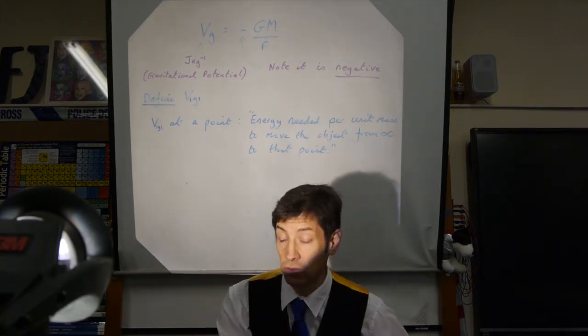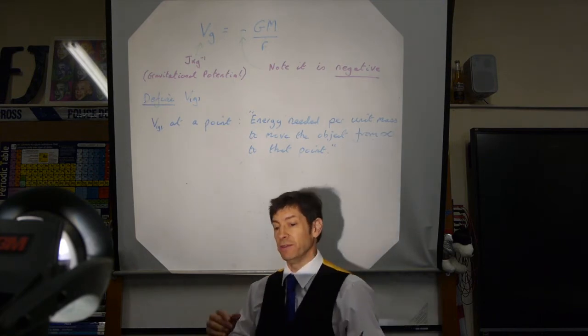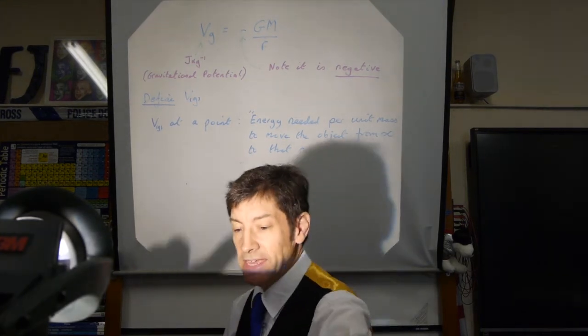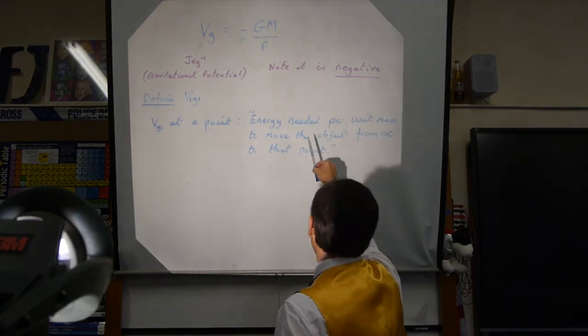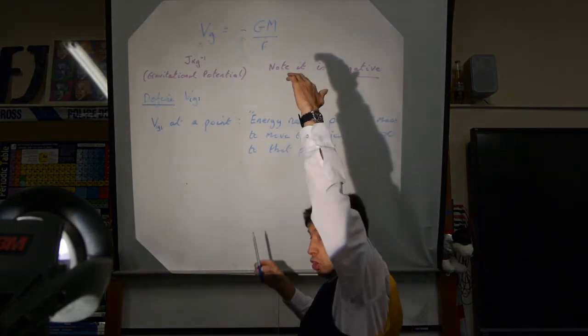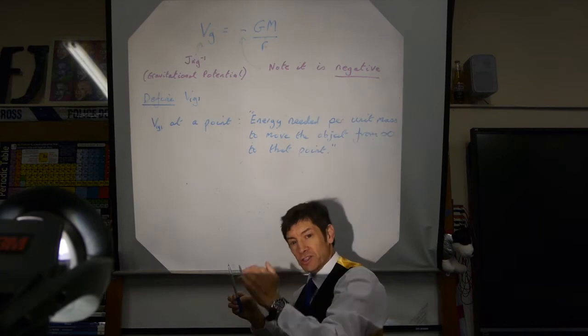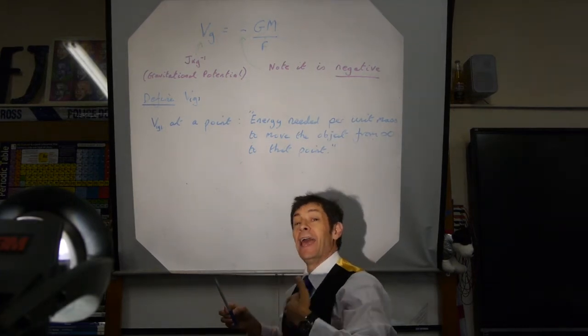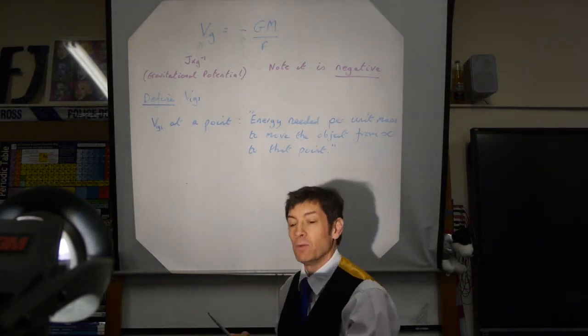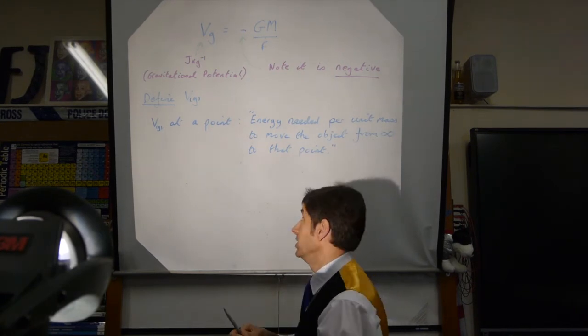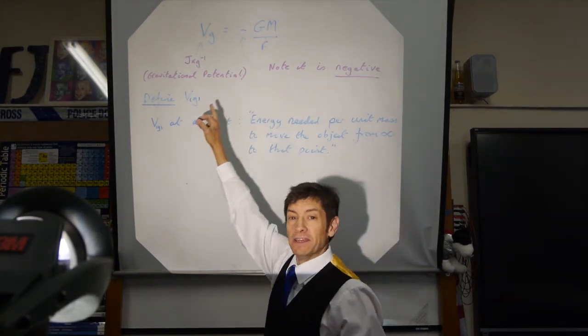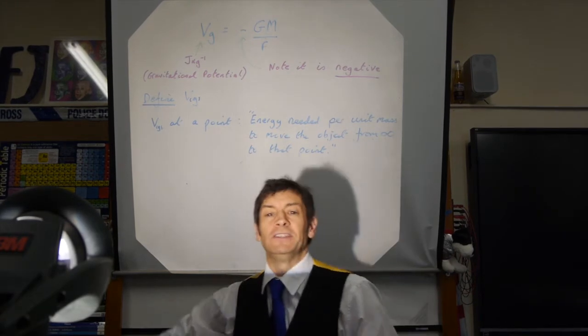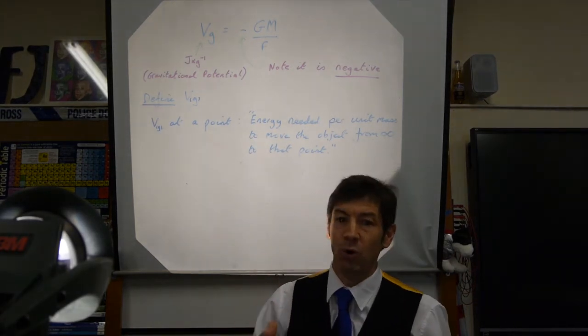It gains kinetic, of course, in a frictionless system. So we don't need to give it energy to move it from a long way away closer to the object. We get energy out. We lose gravitational potential energy, so that's why there's a minus. It represents the energy that it doesn't have anymore.